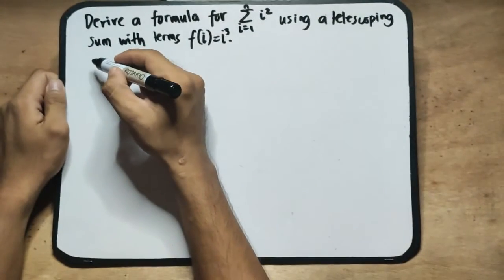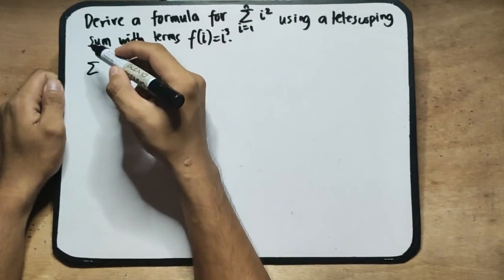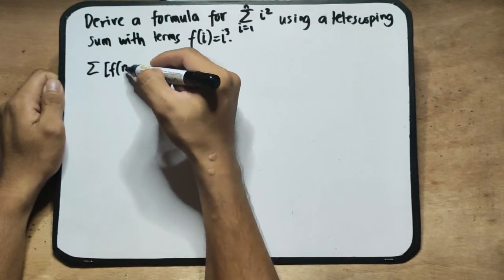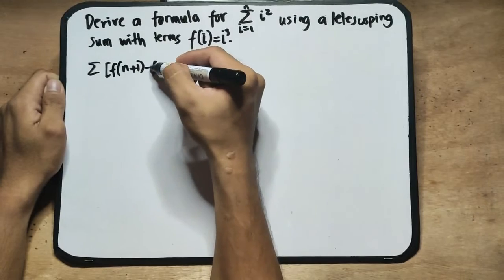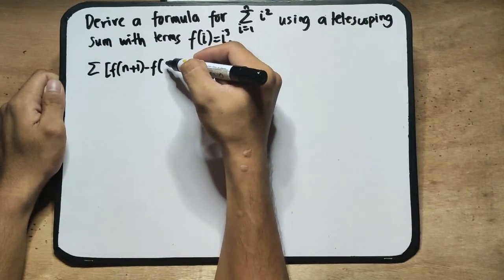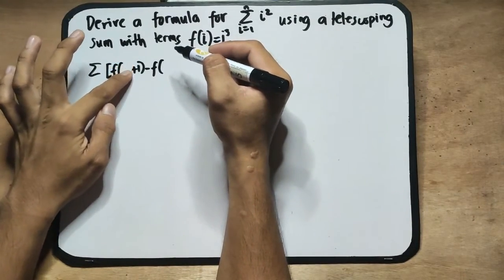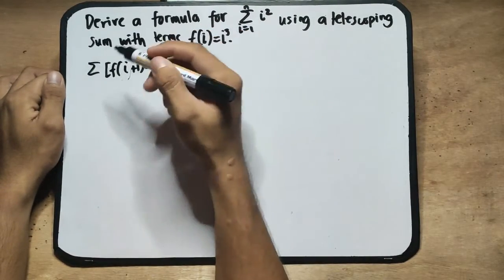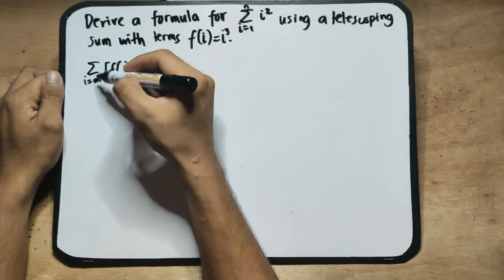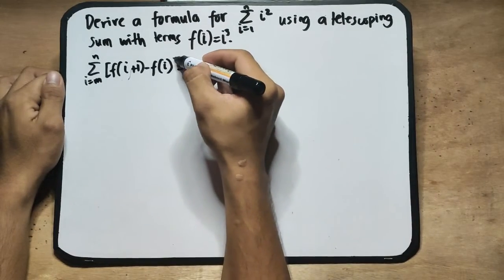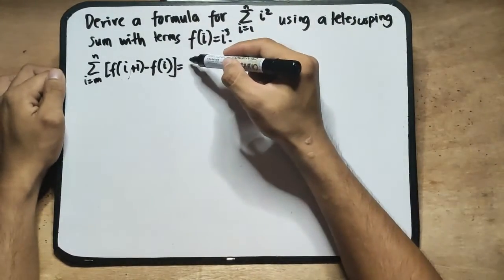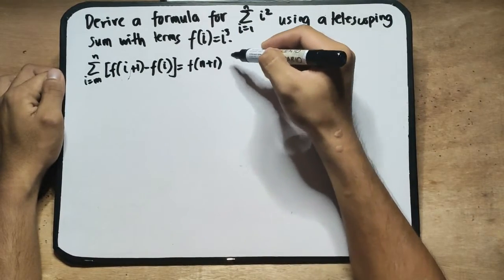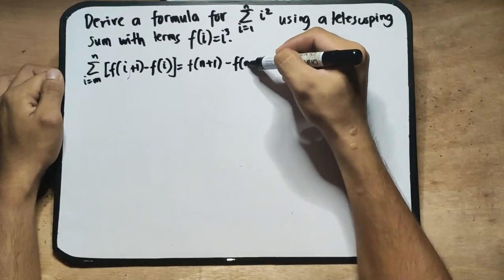So this will be, ating telescoping sum ay summation of f of i plus 1 minus f of i from m to n is equivalent to f of n plus 1 minus f of m.